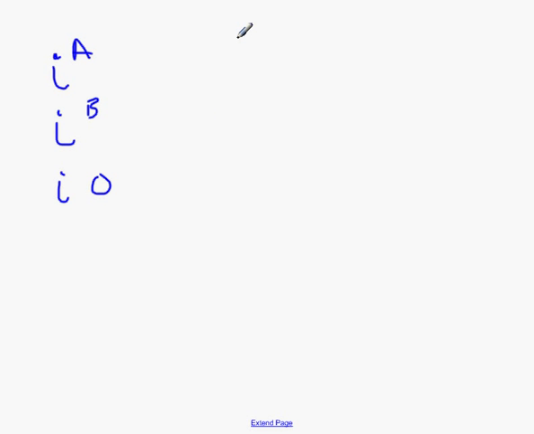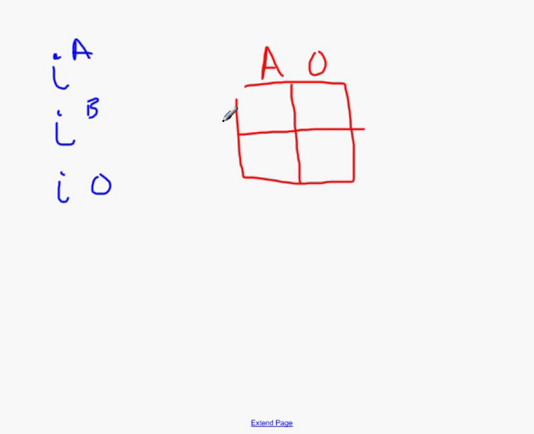And let's suppose you have somebody who has type blood A and O. So they're type A, although they are heterozygous for that. And let's suppose that they have children with somebody who is type B and B. So let's suppose that they are homozygous, dominant.